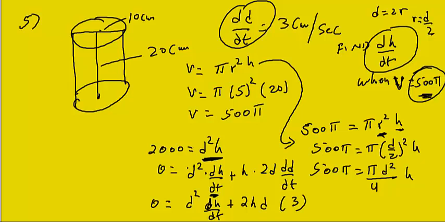What is the change in height? So my volume is equal to 500 pi. It's pi r squared h. So divide this by pi, I get 500 is equal to r squared h.